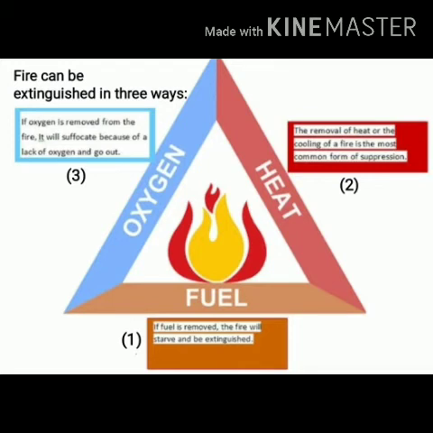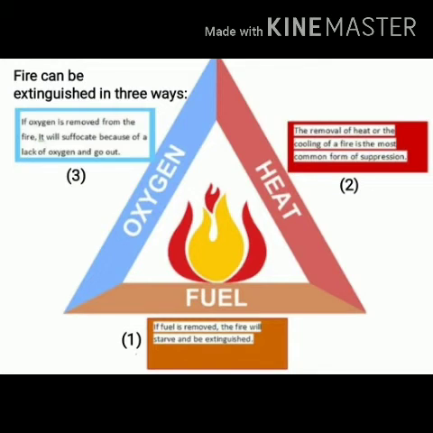Whenever a fire starts in a room, all the combustible substances like furniture, clothes, books, tables, chairs, cooking gas cylinder, etc., which can burn easily, should be removed so that the fire may not spread. Okay. However, children, it is not possible to remove all the combustible materials from the place of fire.